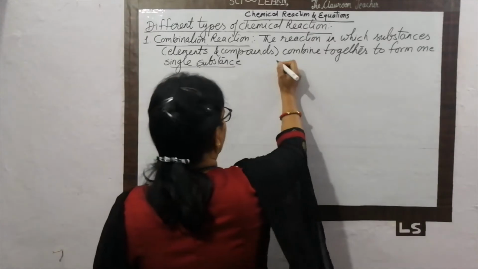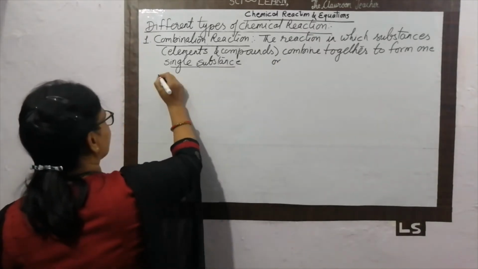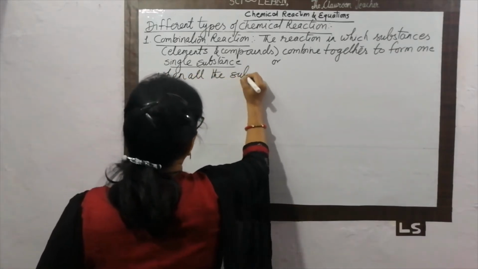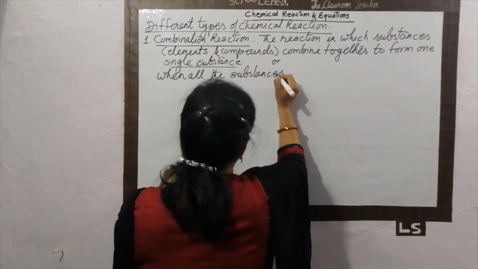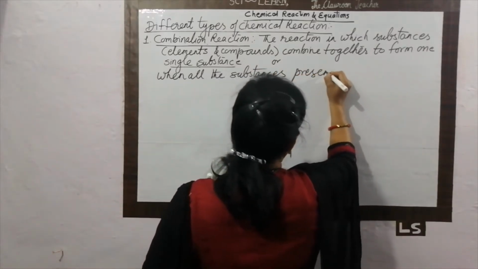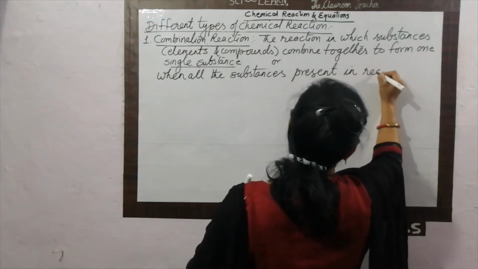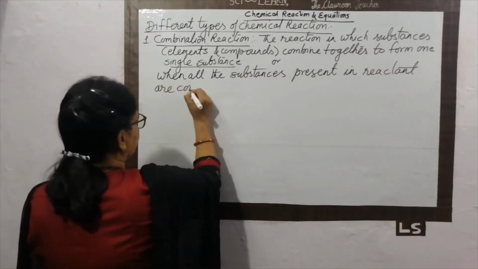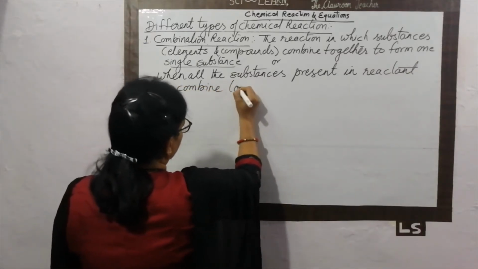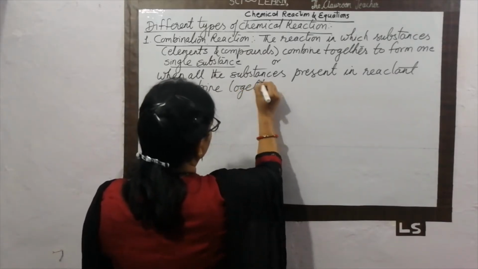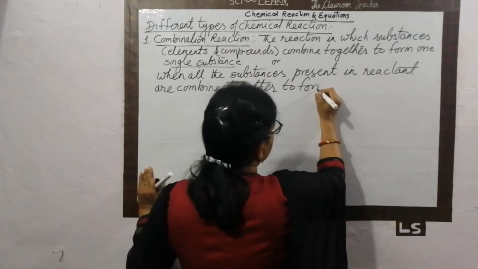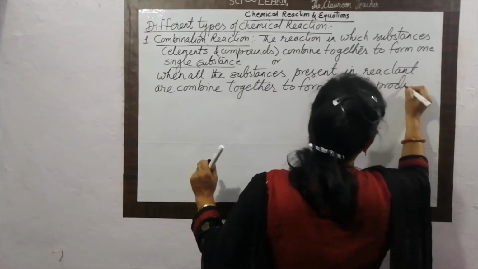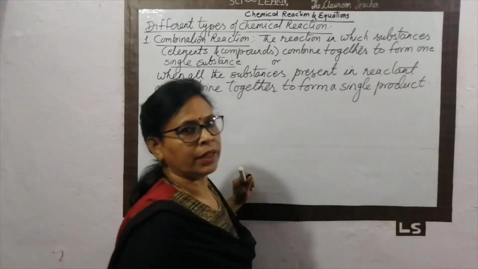In other words, when all the substances present in the reactant are combined together to form a single compound, a single product, then this type of reaction is called combination reaction.